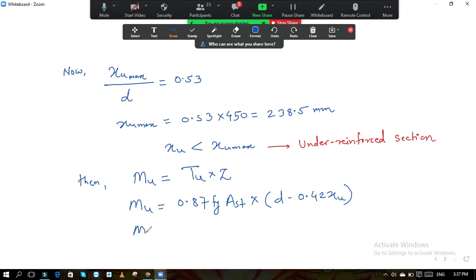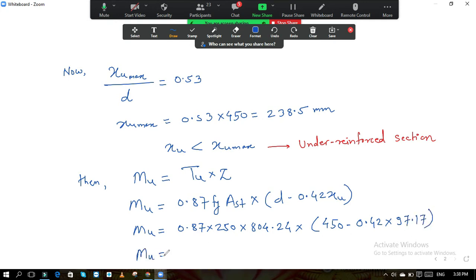So Mu is equal to 0.87 into 250 into Ast 804.24 into d minus 0.42 xu, d is 450 minus 0.42 into xu, which we calculated as 97.19. If you put the value, you will get the value of Mu.